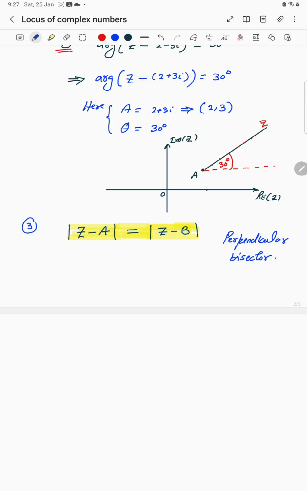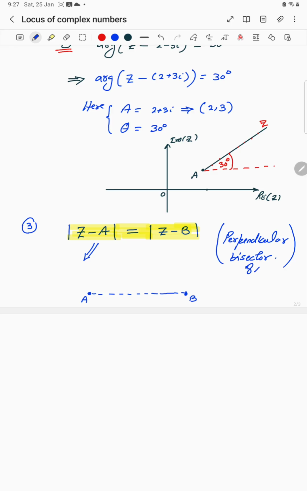How? We will read this as the distance of z from a certain point A is equal to the distance of z from another point B. Suppose A and B are here, and we join A and B with a straight line, and here we need to draw the perpendicular bisector of AB.